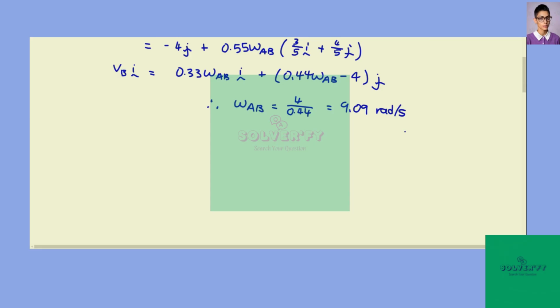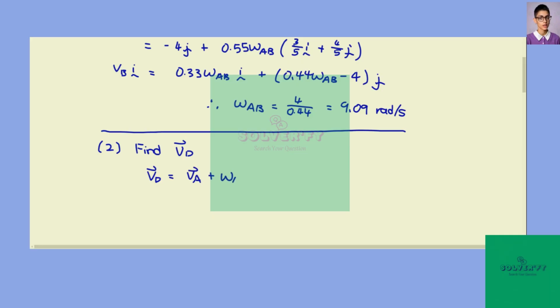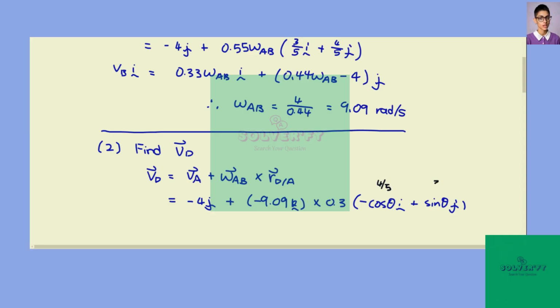Okay, next, step 2 is to find VD. VD is equal to VA plus omega AB cross the position vector of D relative to A. So this is minus 4J plus minus 9.09 along the K direction cross 0.3 minus cosine theta I plus sine theta J. Just recall that cosine theta is 4/5 and sine theta is 3/5.